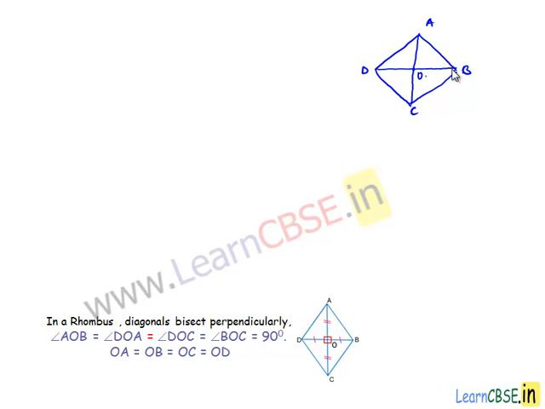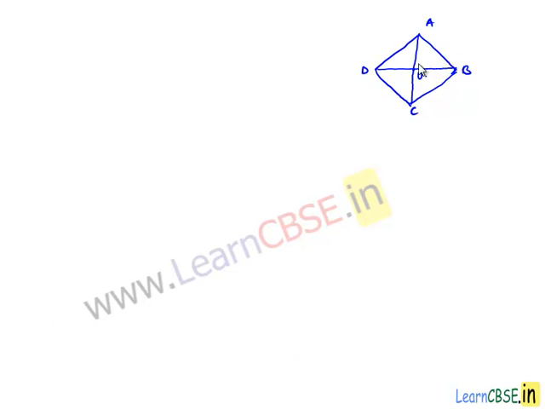So in order to prove this, let us consider the two triangles, that is triangle ABC and triangle ABD, and note down the similarities in these both triangles.